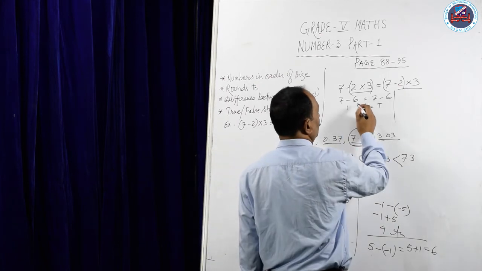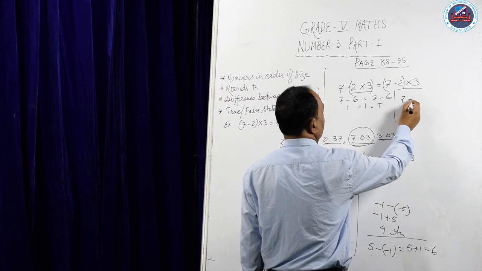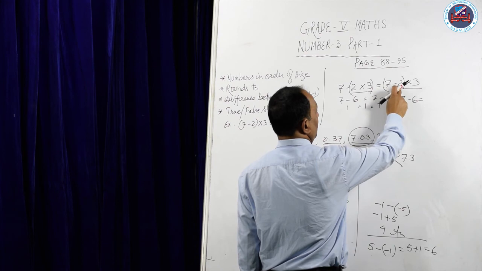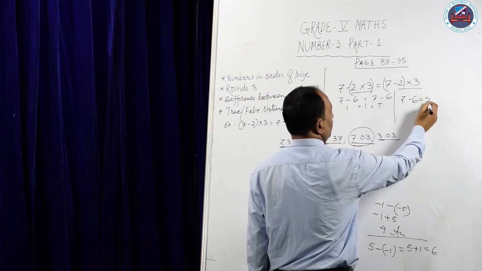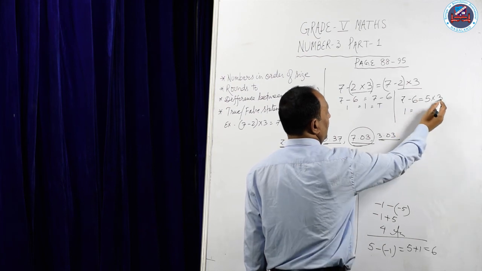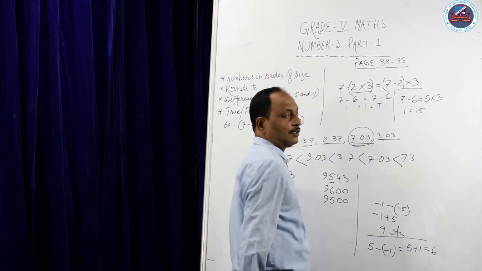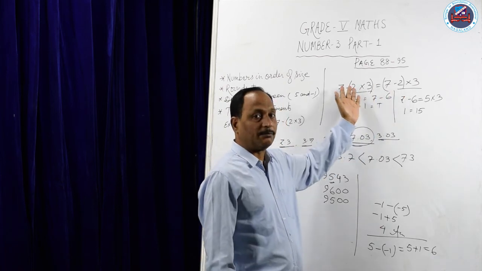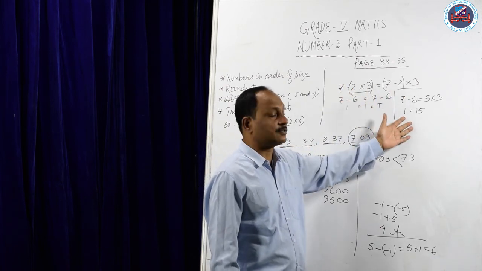So on one side, 2 threes are 6 and 7 minus 6 is 1. On the other side, 7 minus 2 gives 5, and 5 into 3 is 15. You see how big the difference is. Numbers are the same, but when the brackets are in different places, the answer is different.